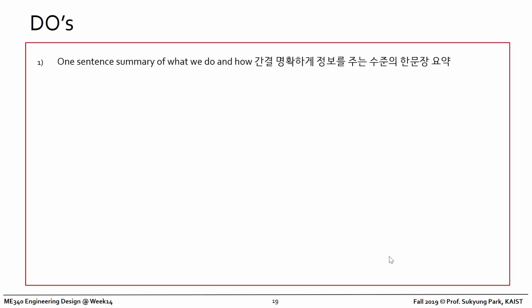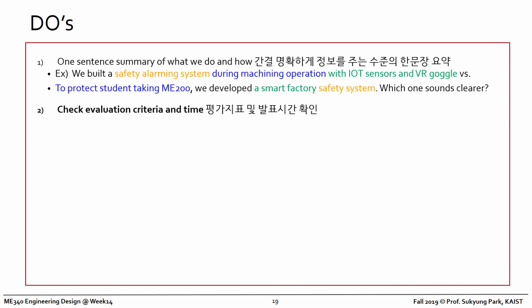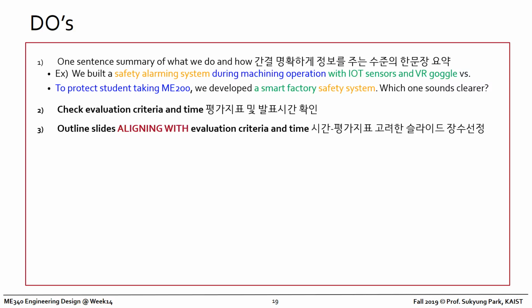Okay, to sum it up, before you make the slides, discuss with your friends and make your own one-sentence summary of the strength of your system. Be specific, and then check the evaluation criteria and the time, and set the total number of slides. I see some students keep skipping the slides at the end by running short of time.